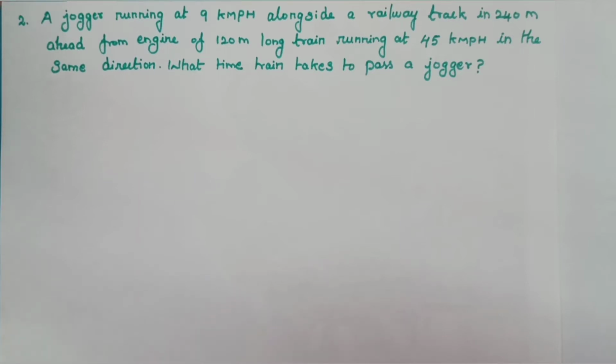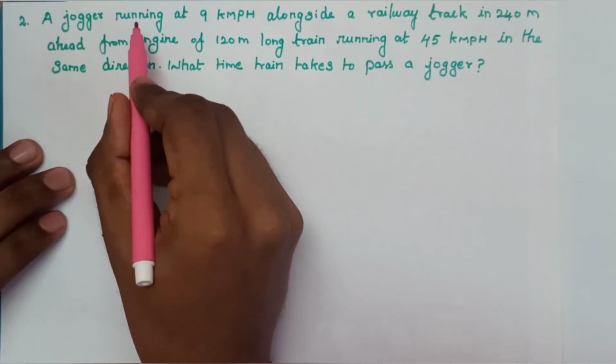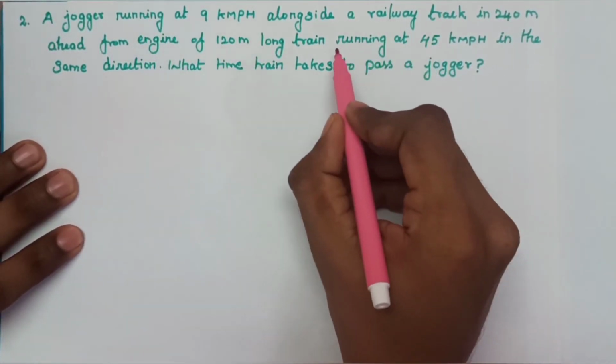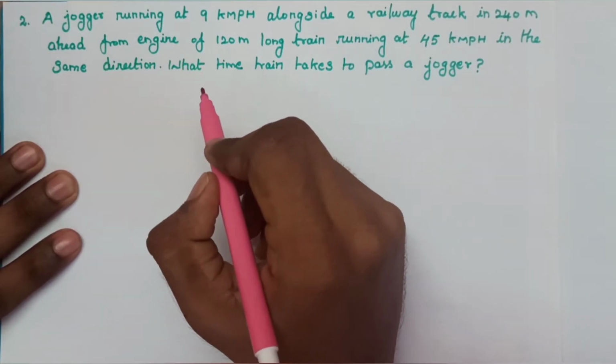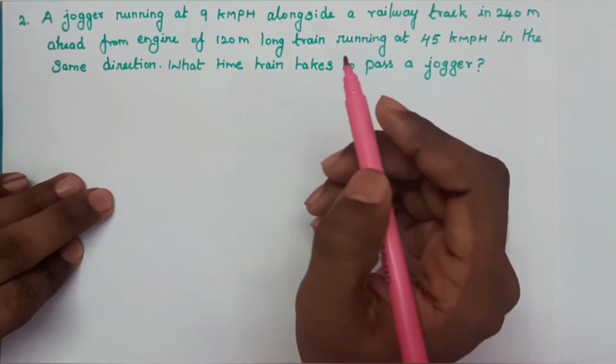Here, let me check the conditions first. A jogger running at 9 km per hour, a train running at 45 km per hour in the same direction. So both are moving, so it comes under theory of relativity, right?